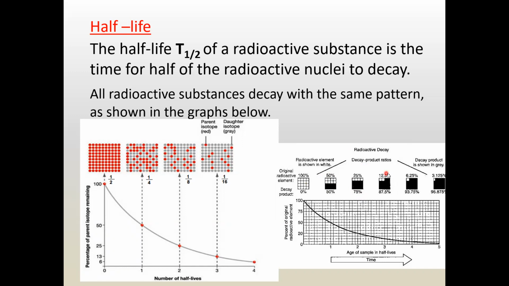After another half-life, 12.5 unstable, remaining stable. And after that, 6.25 will be stable, and so on. So the amount of stable particles in the sample increases and the amount of unstable decreases.